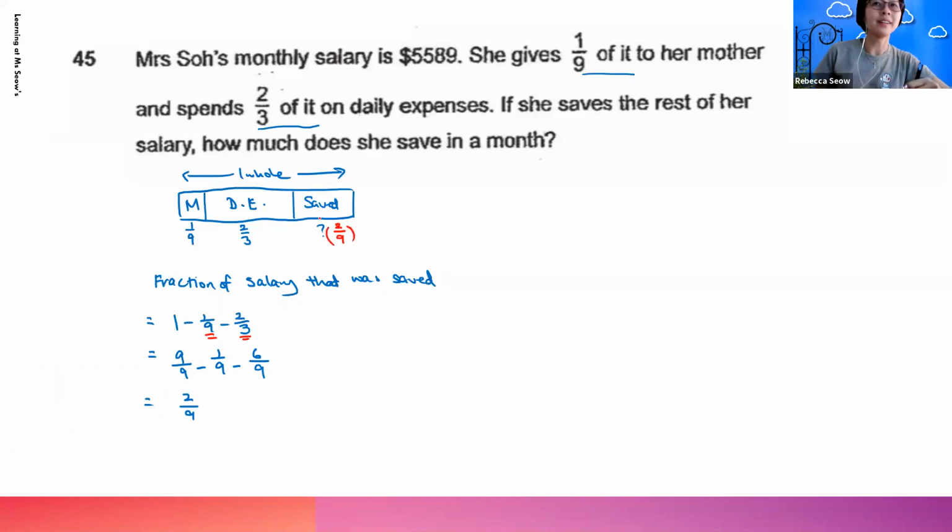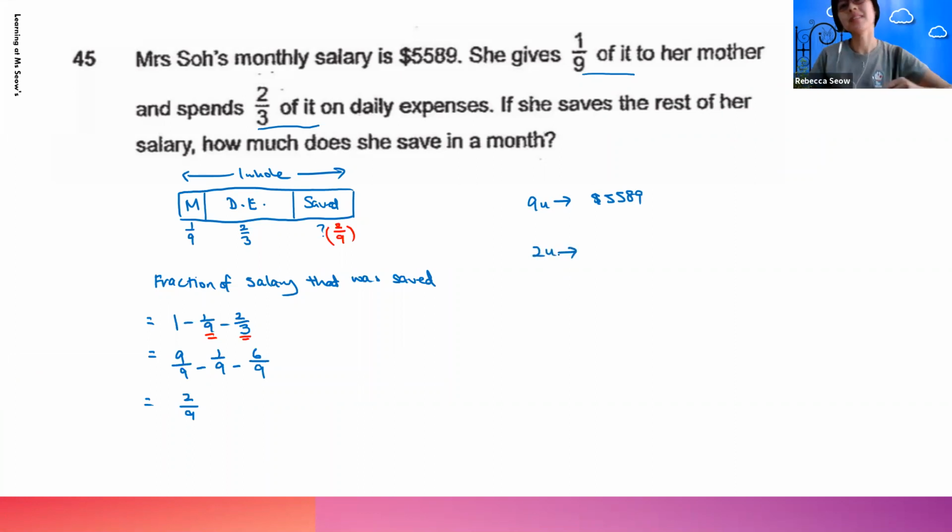So how are we going to find this amount? We have the fraction. How could we find it in terms of dollars? If the total is 5,589, that means 9 units is actually 5,589. Could we find 2 units of it?